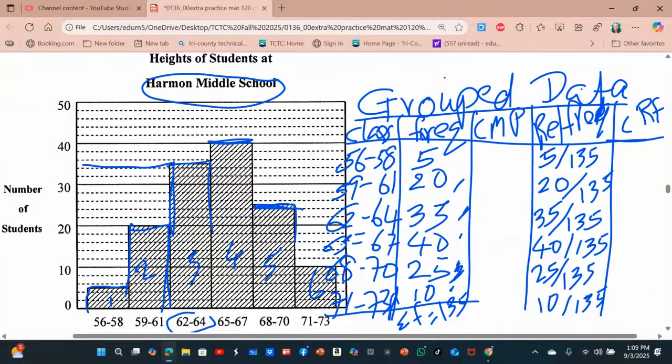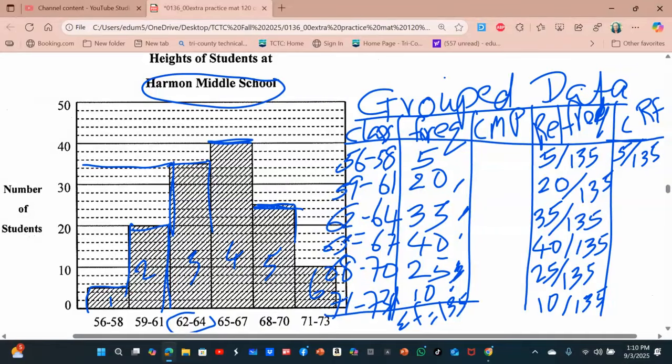The cumulative relative frequency is the frequency of the class plus the frequency above. Right now, the first class has nothing above. Therefore, the cumulative relative frequency of the first class is 5 out of 135, the same as the relative frequency.